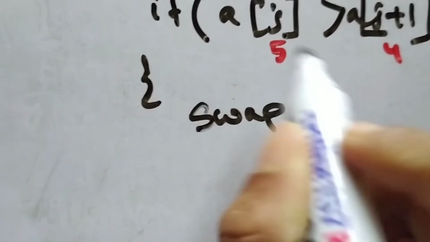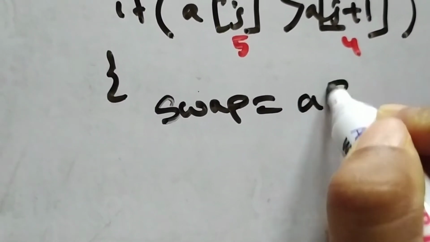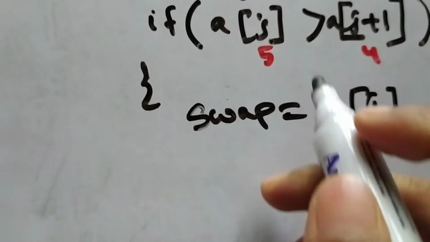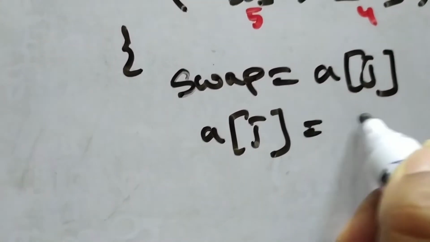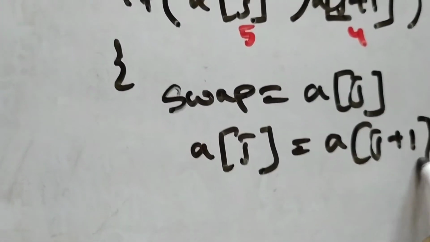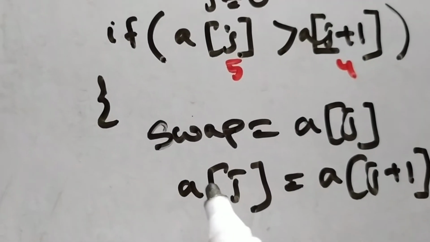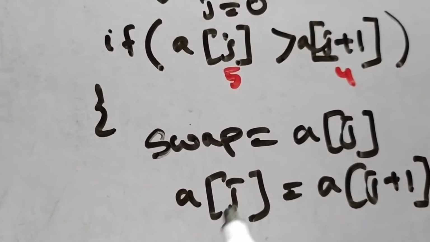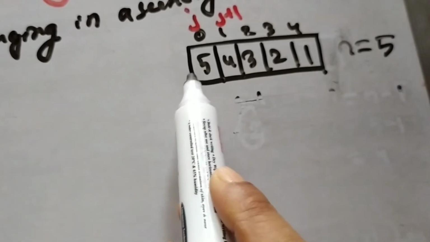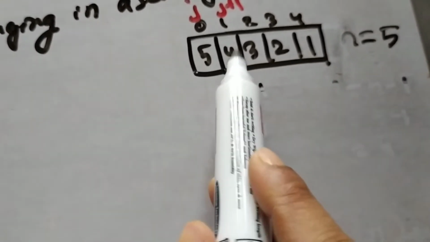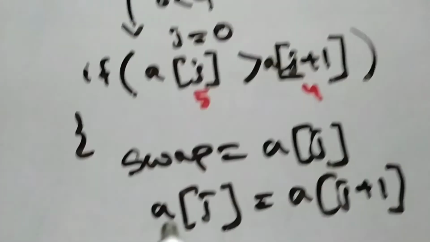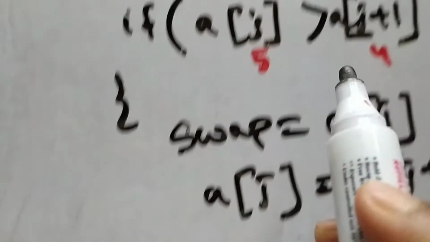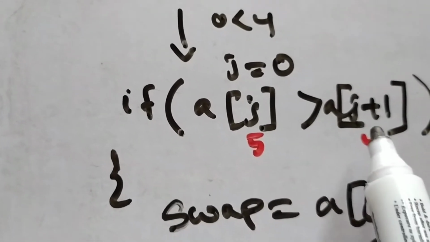I am using a swap function to exchange the values. The value of a[j] will be exchanged with the value of a[j plus 1], that is 5 will be exchanged with 4, for the condition that a[j] greater than a[j plus 1].